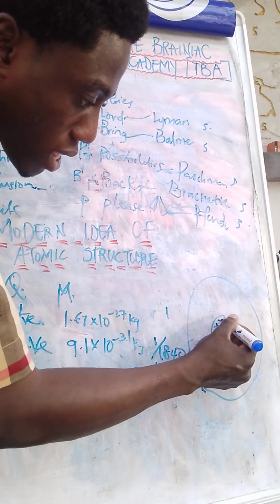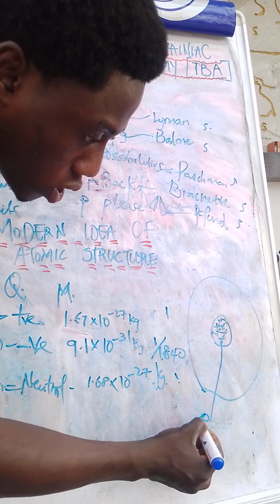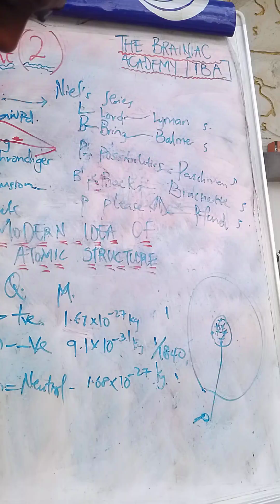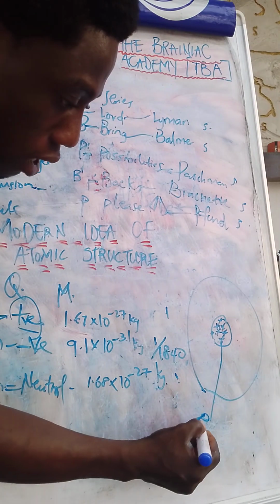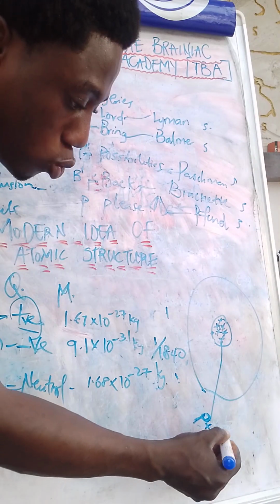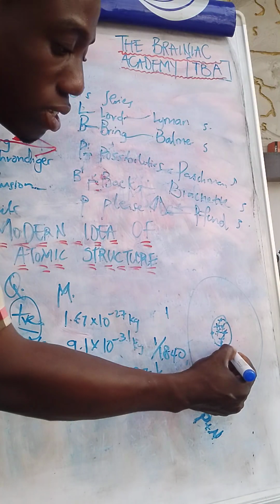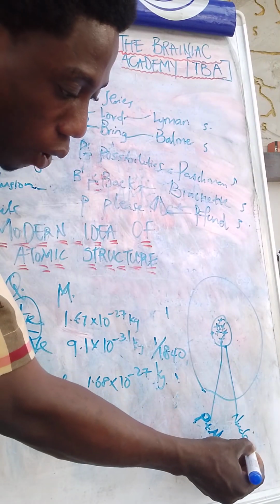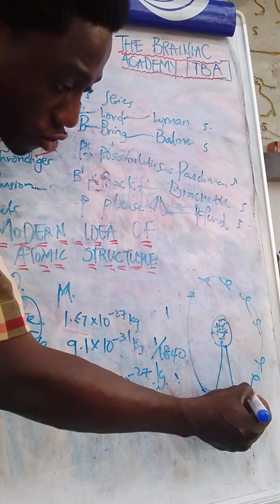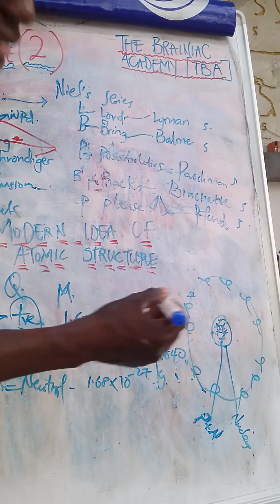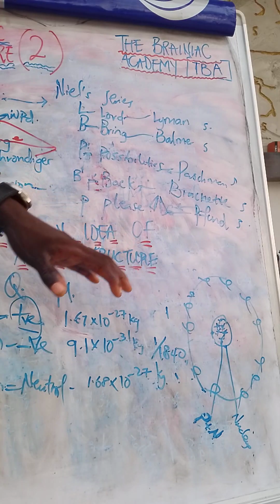That's why he told us that inside this center we have our proton, because you know that proton is positive. So this place we have our proton plus neutron. Please don't forget, proton plus neutron. We call this center our nucleus. The extra nuclear part outside there is surrounded with the electron. Very simple. So it was Niels Bohr that told us that all these electrons are in energy levels.